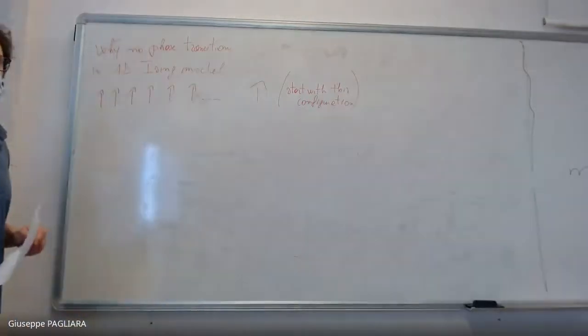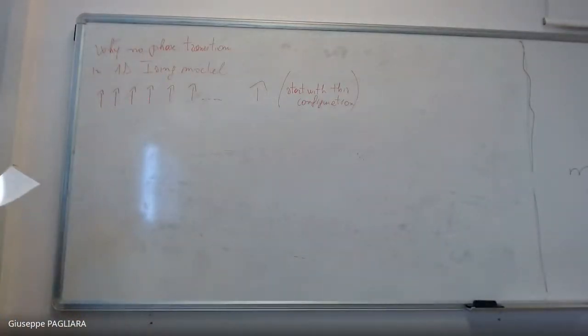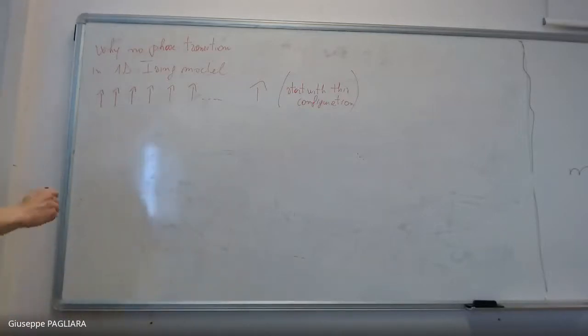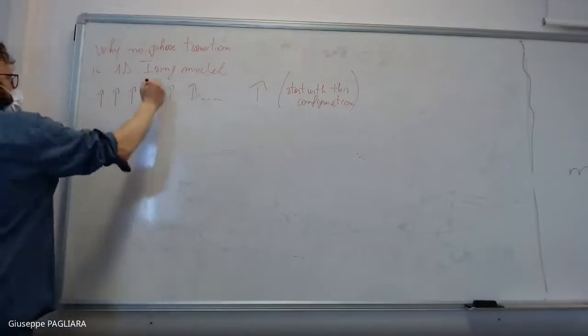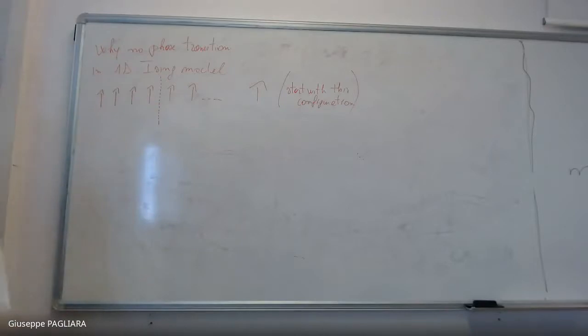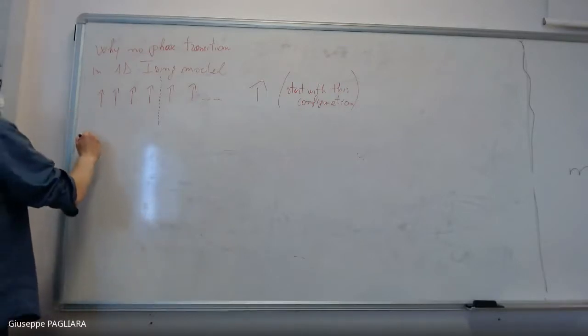And then decide to do the following: to break this chain at a certain point and to invert all the spins in one direction, from the right or from the left. So basically you break the chain at a certain point and you flip all the spins, for instance, which are on the right of this line.